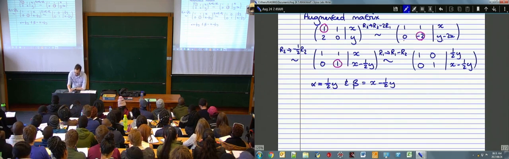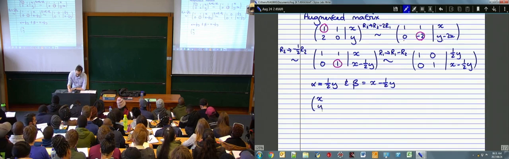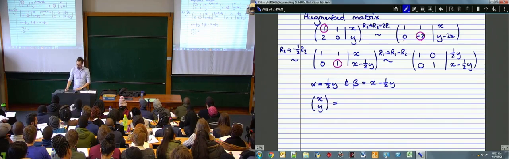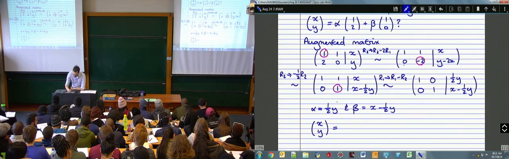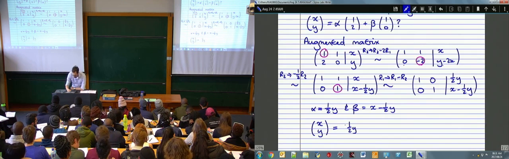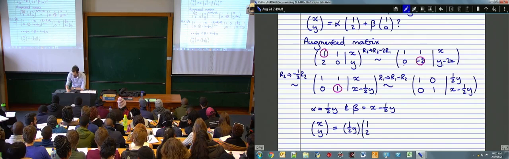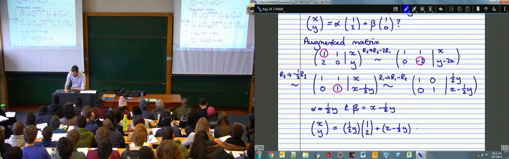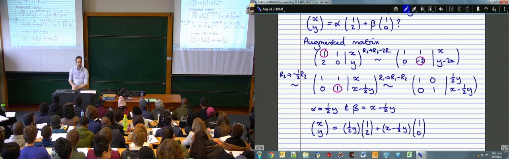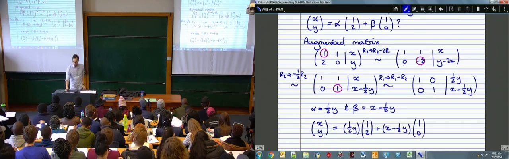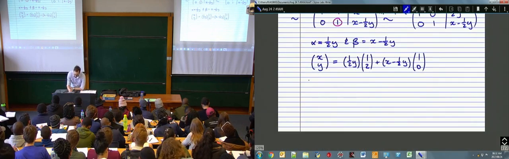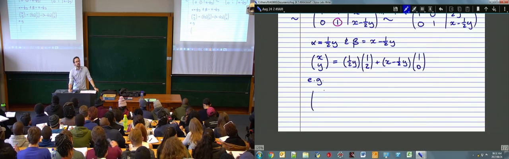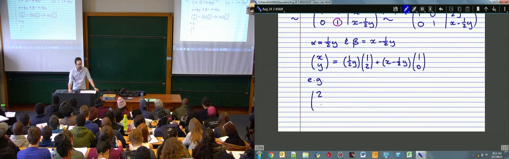Right? So what that's saying is that if you want to write down x, y as a linear combination of these two vectors, you can do it, right? So we said alpha will just be 1/2 y times 1, 2 plus beta, x minus 1/2 y, times 1, 0. So if we just choose a vector in R2, so for example, give me a real number, 2, and another real number.